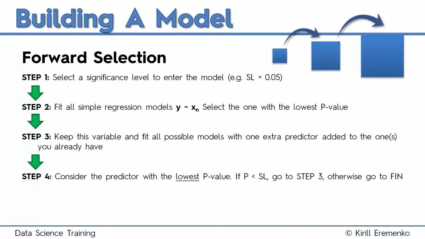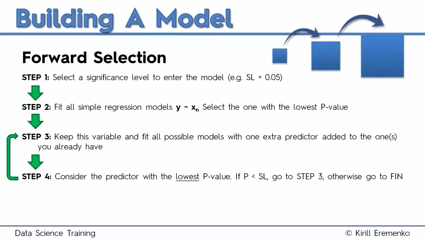If that p-value is less than our significance level, meaning that variable is a good one, it's a significant variable, then we move back to step 3. What does that mean? It means that now we have a regression with 2 variables, and now we will add a third variable, and we'll try all possible variables that we have left as our third variable. And then out of all of those models with 3 variables, we will go to step 4 and select again the one with the lowest p-value for that third variable that we added. And we'll keep doing that.